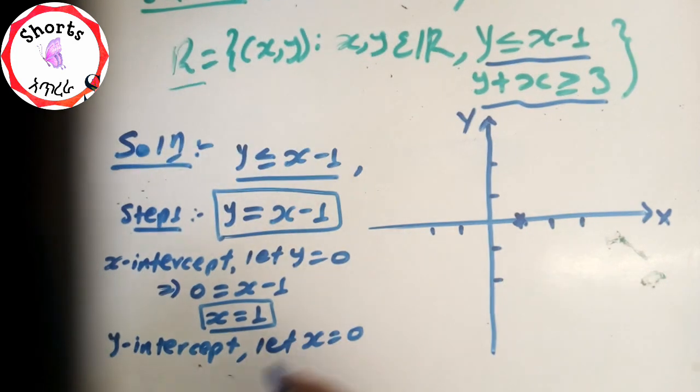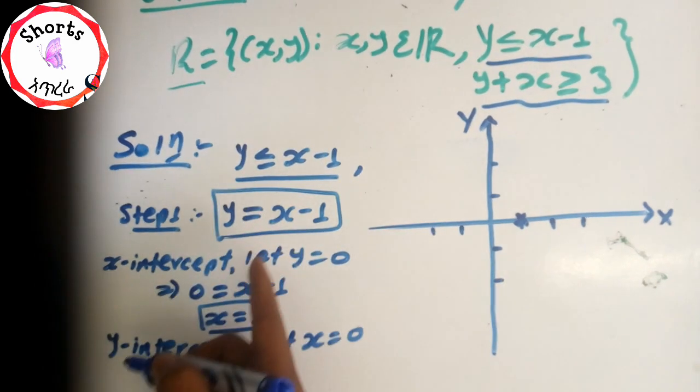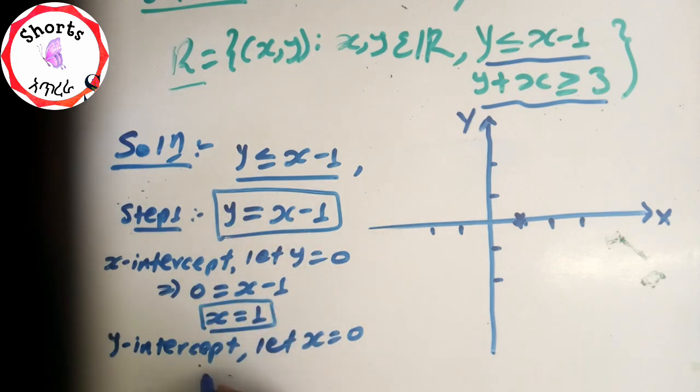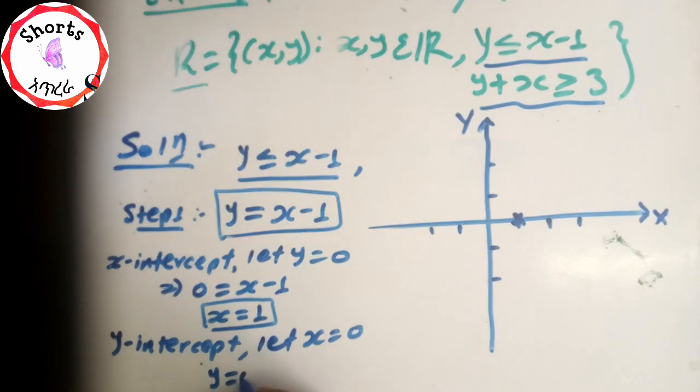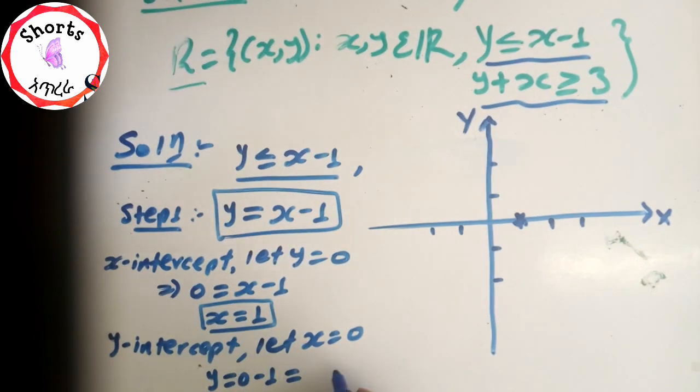This is again to find the point where the graph touches the y axis, so we let x = 0 in this linear equation. Therefore we have y = 0 − 1, which is −1.